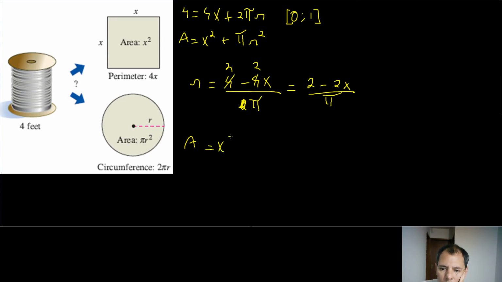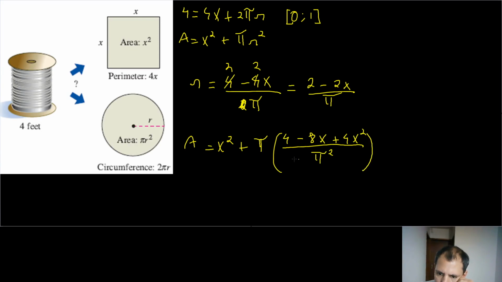So A equals x squared plus pi times this squared. So pi times this stuff squared. It'll be 4 minus 8x plus 4x squared divided by pi squared. Okay, get this pi out.